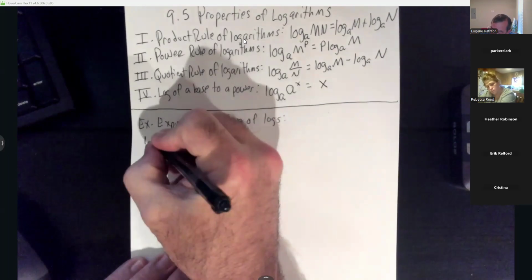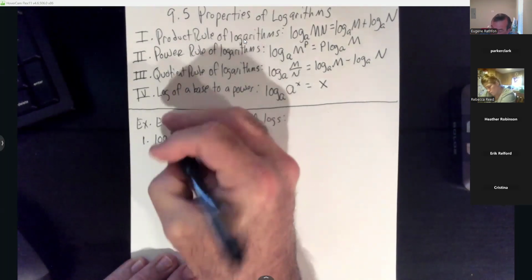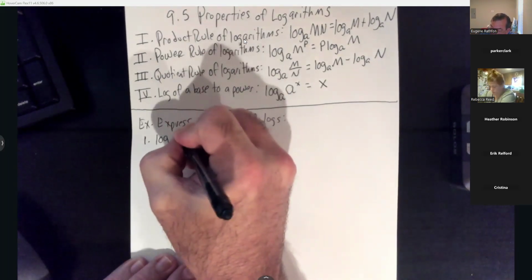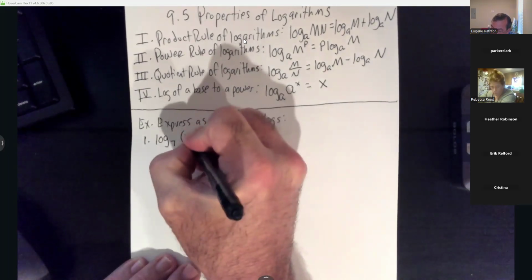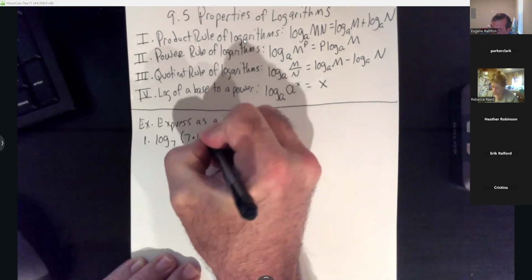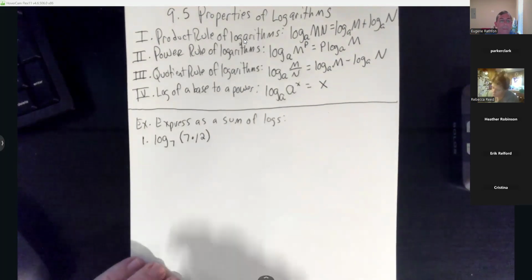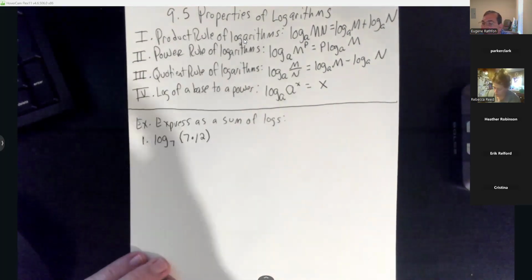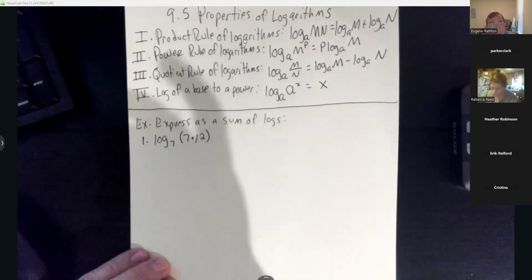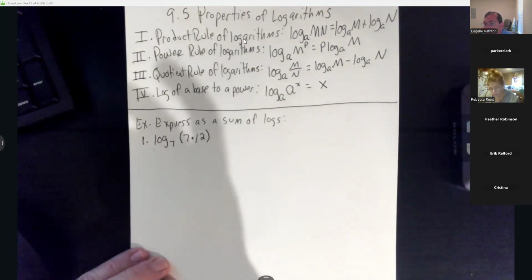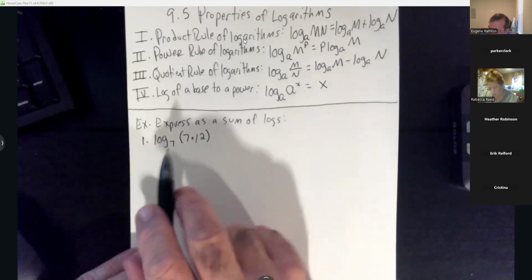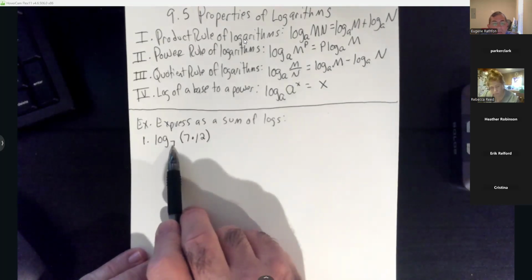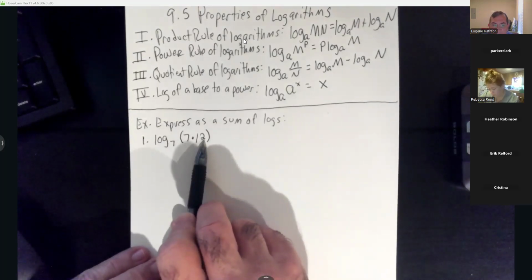So y'all, for number one, I got a log base 7 of 7 times 12. Now, they don't want me to evaluate this. All they want me to do is rewrite this as a sum of logarithms. So we're going to distribute the log base 7 to each of the factors and rewrite it.